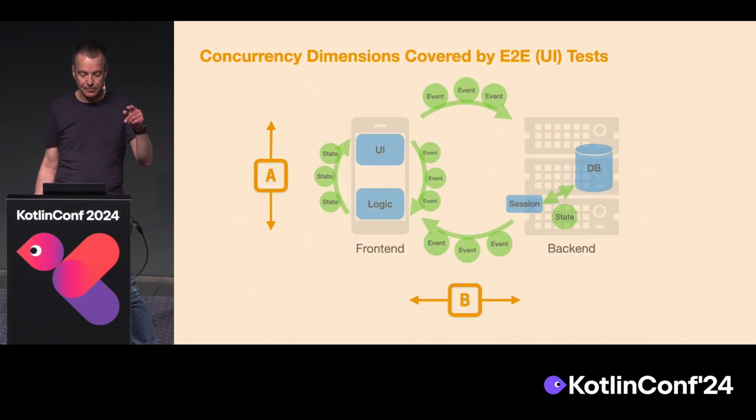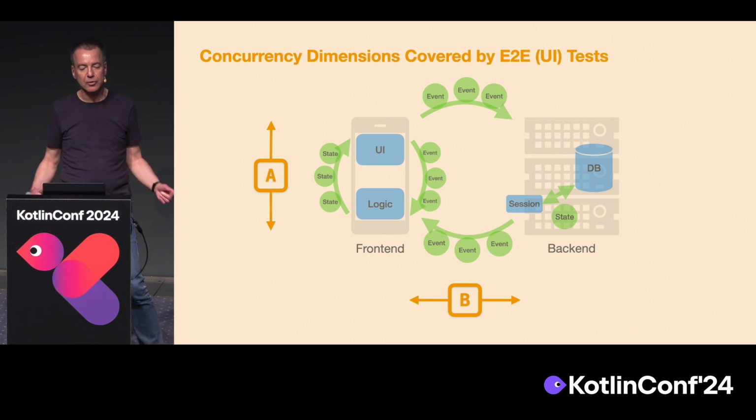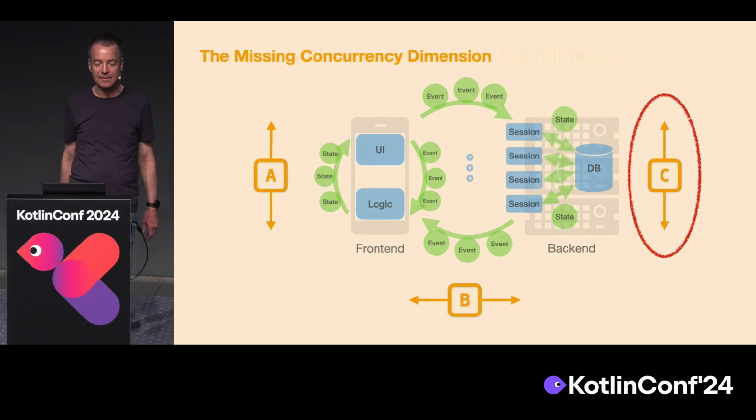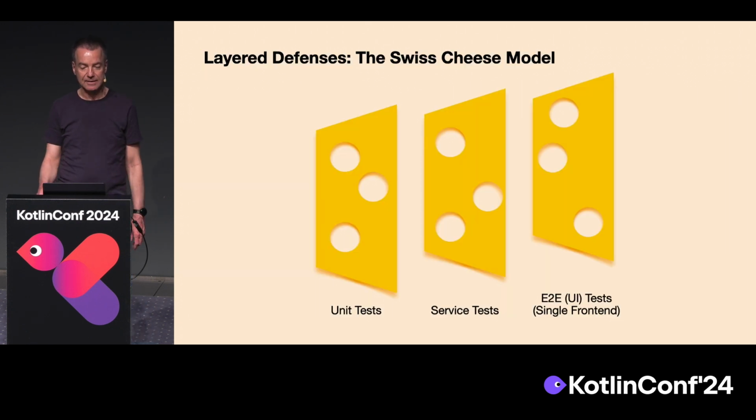We get dimension A and dimension B, and as always, terminology varies. So your tests may have a different structure. If you're doing even more and have concurrency in unit tests, great. If you're using something like Lincheck, excellent. But commonly, the dimension we're missing is the entire system concurrency and dimension C in the back end, testing everything driven by the front end over dimension B to dimension C. And then this is what might happen.